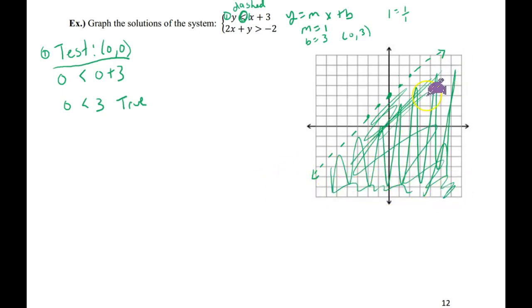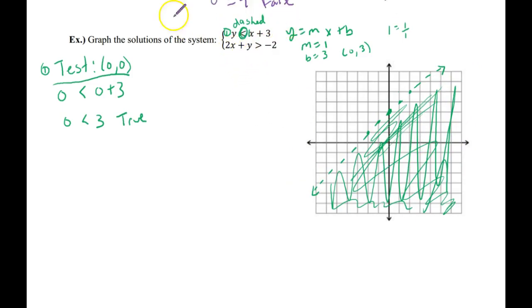Again, this is not the final answer. I need to graph this other line. Let me use a different color. Looking at this inequality, I notice that if I subtract 2x from both sides, I'll have y greater than negative 2x minus 2.